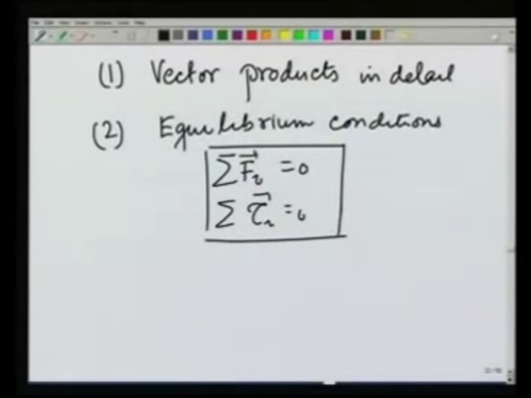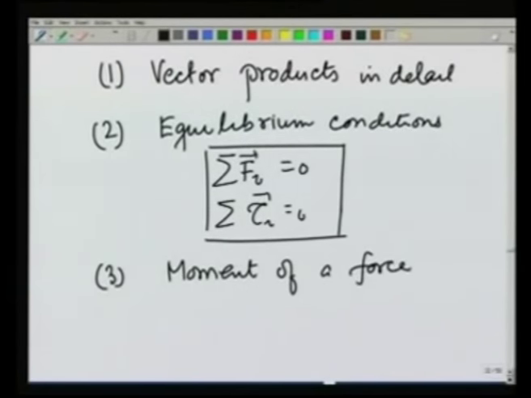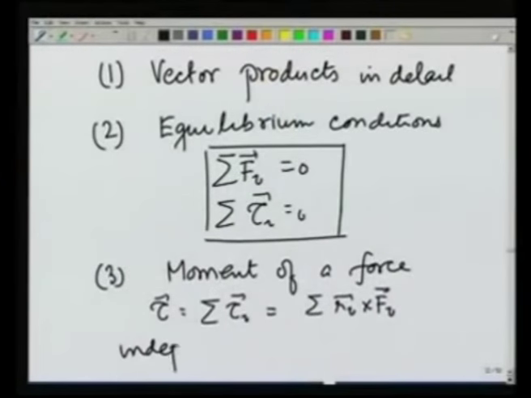Then we started looking at different aspects of equilibrium separately, and third, we looked at moment of a force and found that the total torque tau, the sum over i of R_i cross F_i, is origin dependent, but becomes independent of origin if total force is 0.